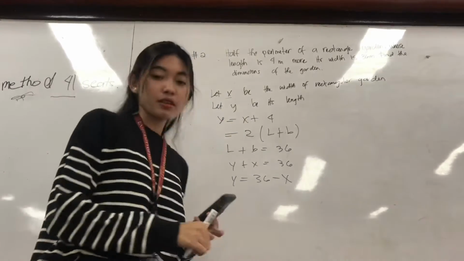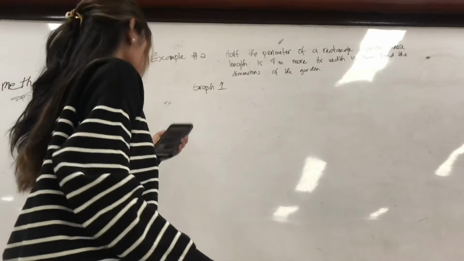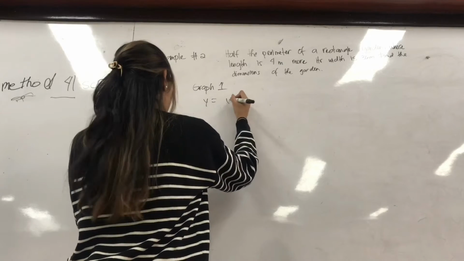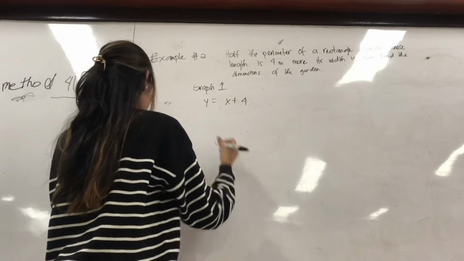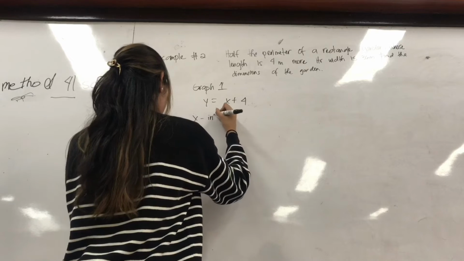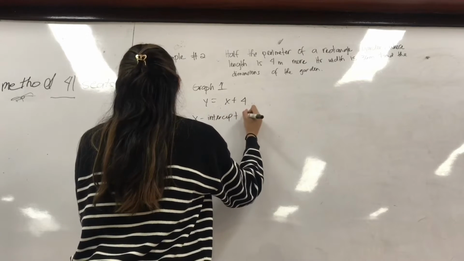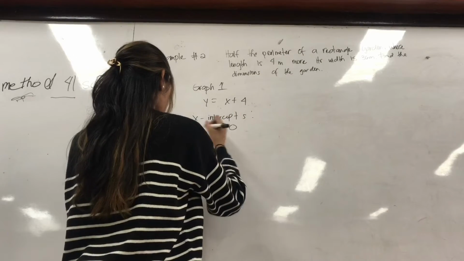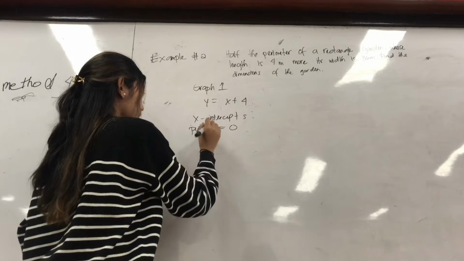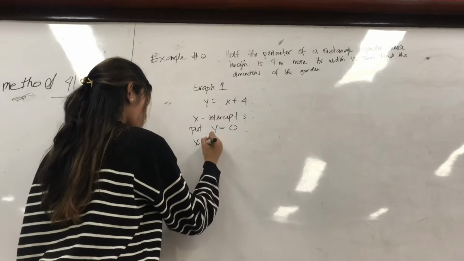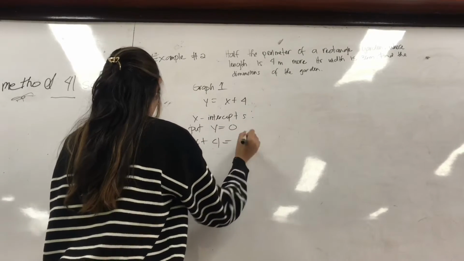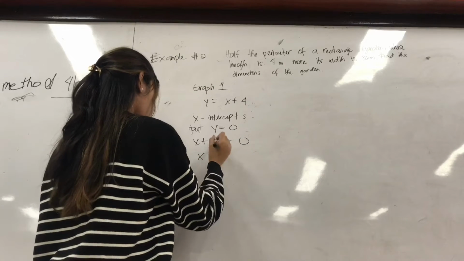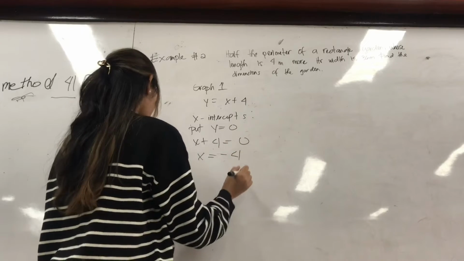So the first graph is y equals x plus 4. For the x-intercept, let us put y equals 0. So x plus 4 equals 0. Let's transpose: x equals negative 4.